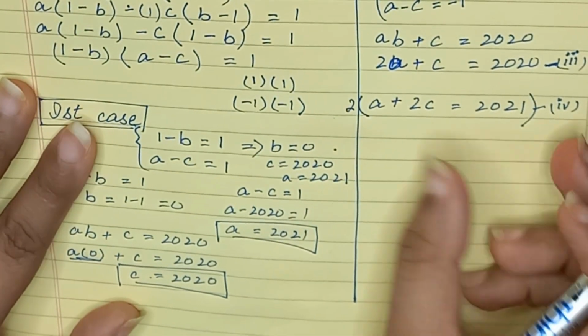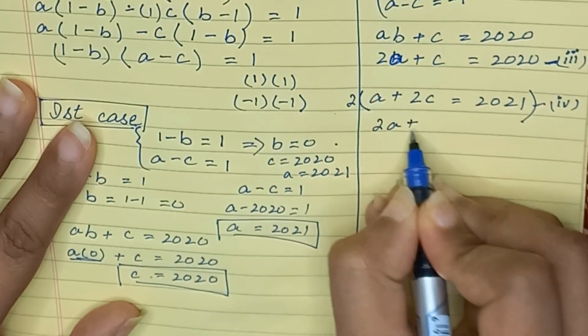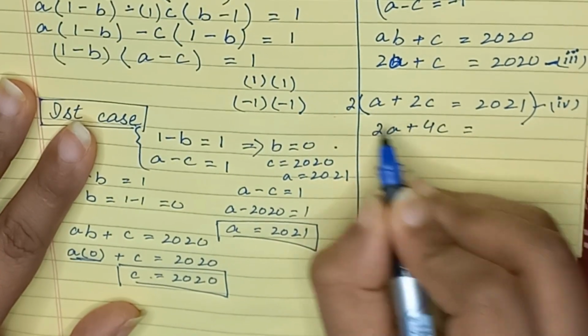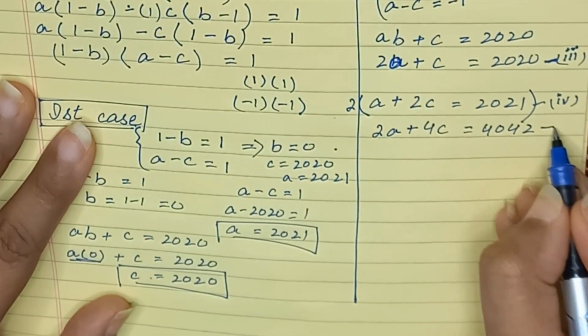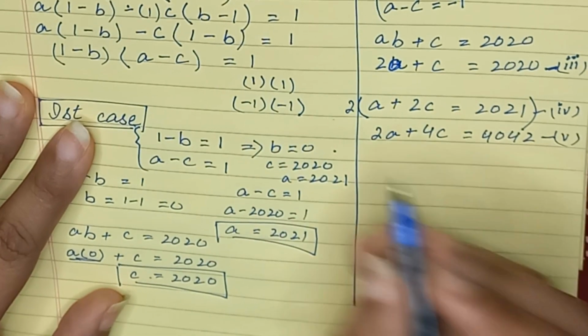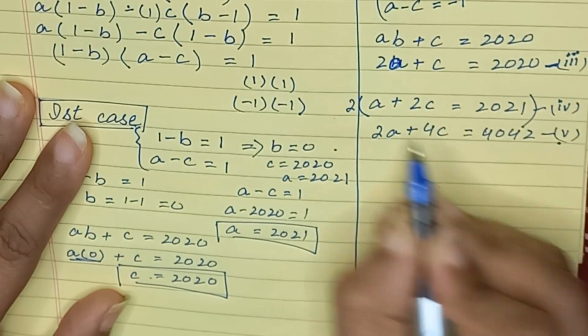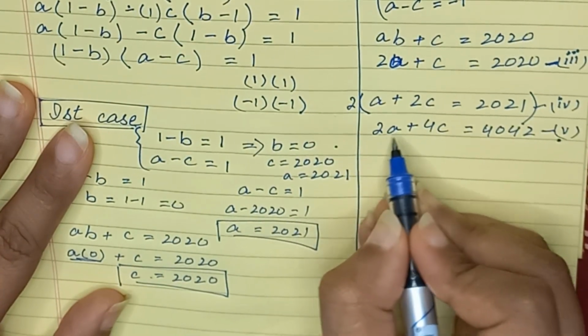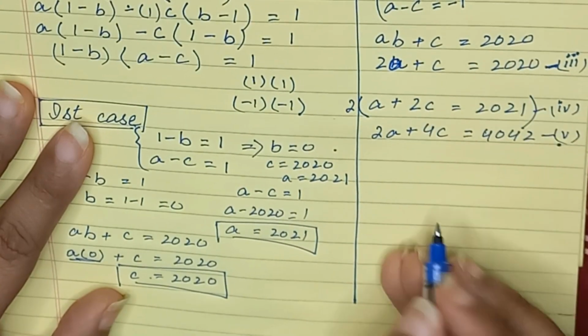So if we multiply equation 4 with 2, it will become 2a plus 4c, which is equal to 4042. Now it is again a new equation, which is equation 5. Now we can see that in equation 3 and equation 5 we have the same coefficient of variable a. So we will subtract both of them.